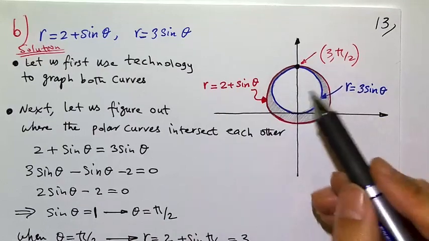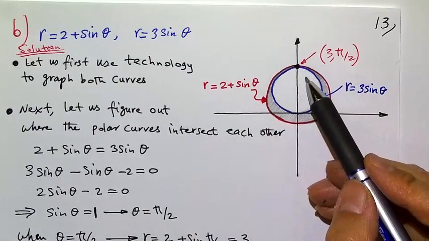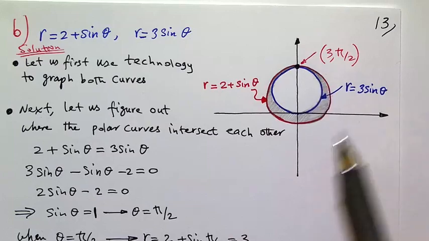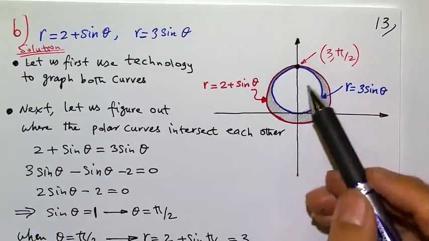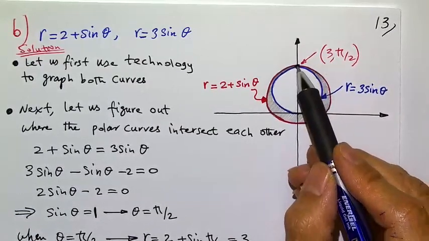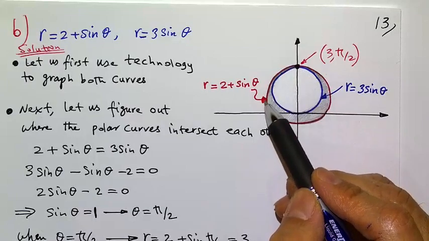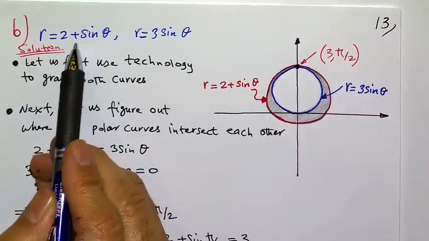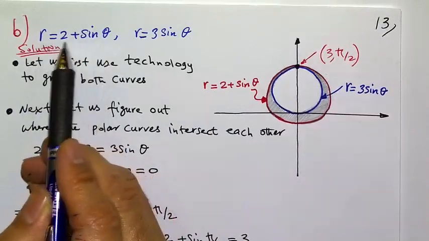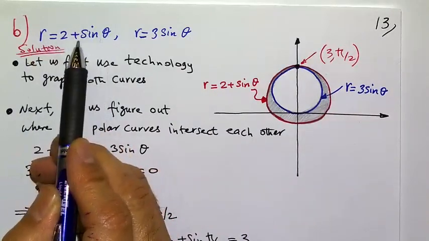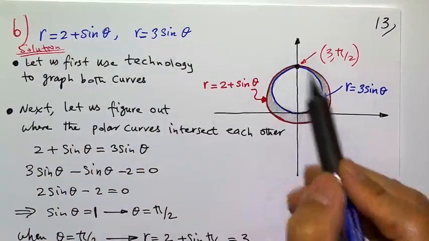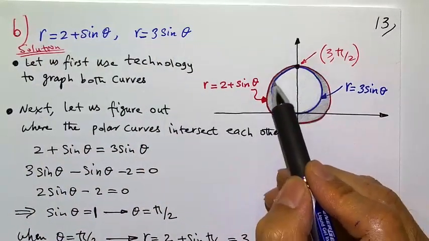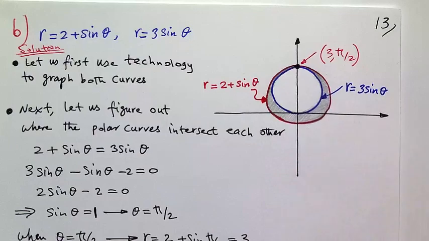But we do have to integrate from 0 to 2 pi, because we want to trace the whole area of this irregular shape, which is generated by this curve. We want this whole area, and then we subtract the area of the circle from it, and we get the area of the shaded region.